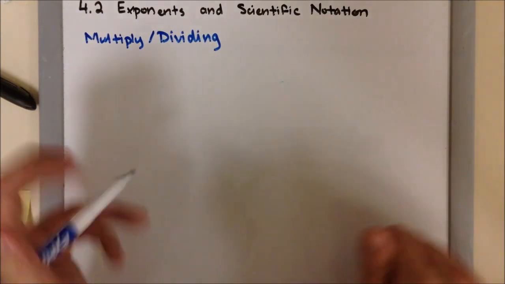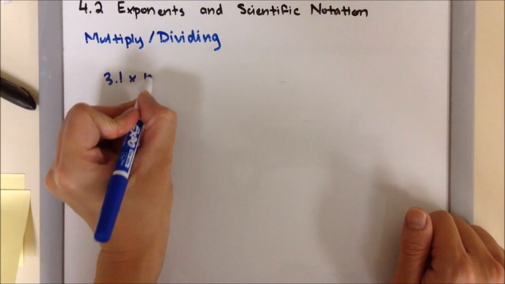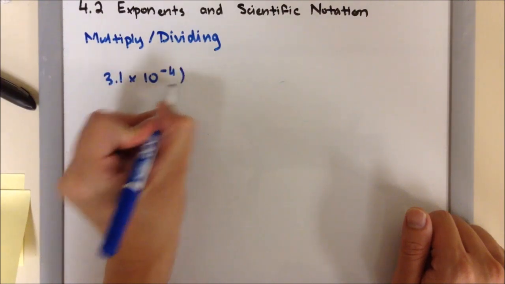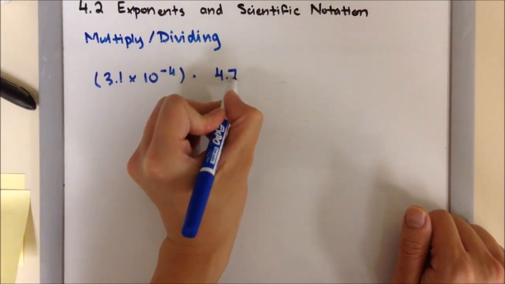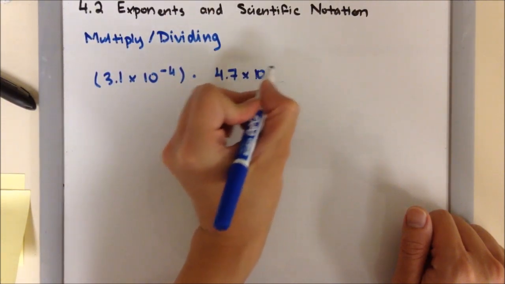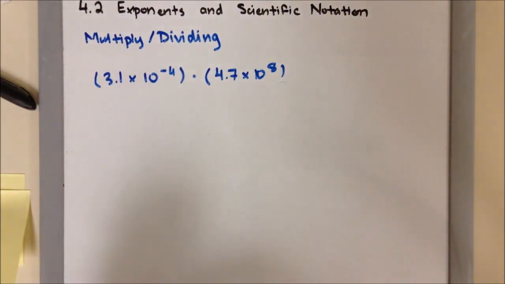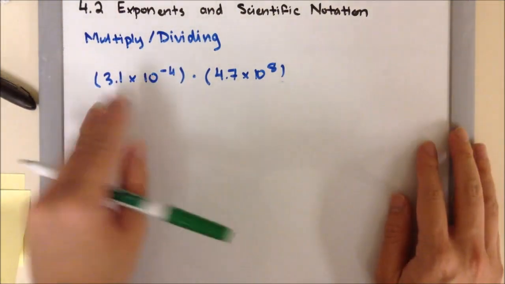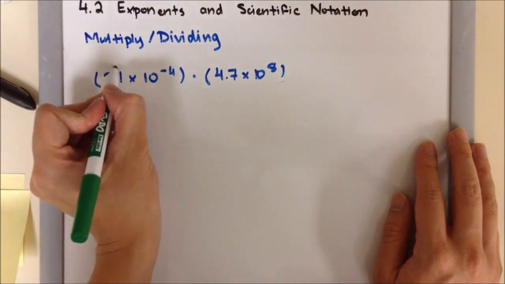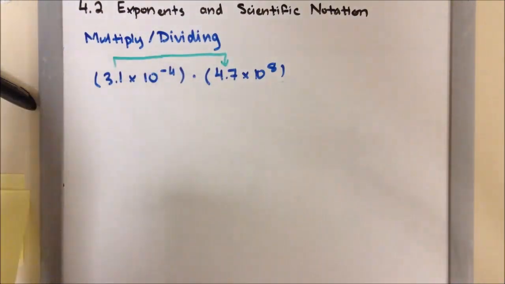So in our first example, we have 3.1 times 10 to the negative 4th power, times 4.7 times 10 to the 8th power. Alright, from here, when you have two scientific notations multiplied to each other, all I'm going to do is multiply 3.1 by 4.7.